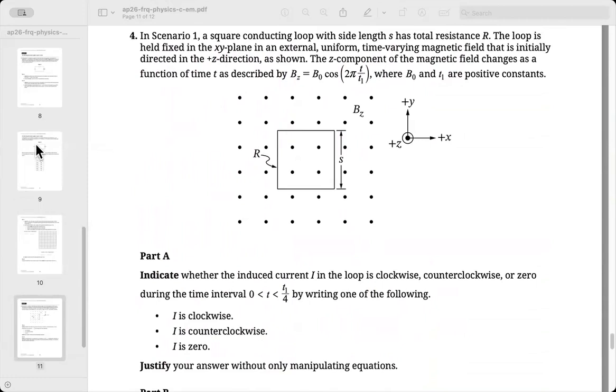It's a cosine function, which means the magnetic field is getting smaller, so by Lenz's law you're going to have a counterclockwise induced current. The magnetic field remains out of the page but is decreasing in strength.